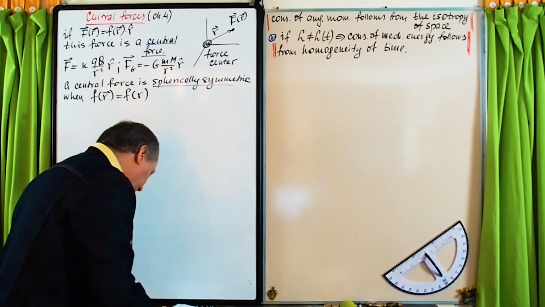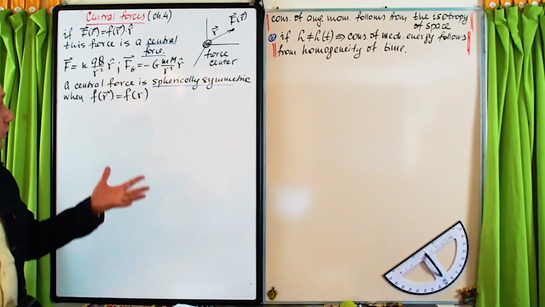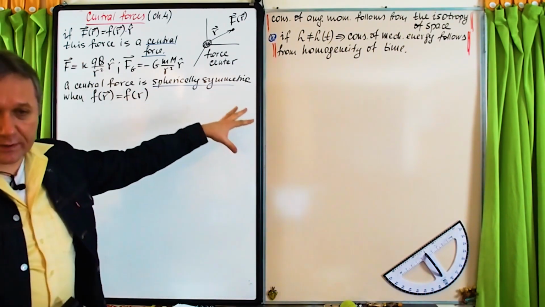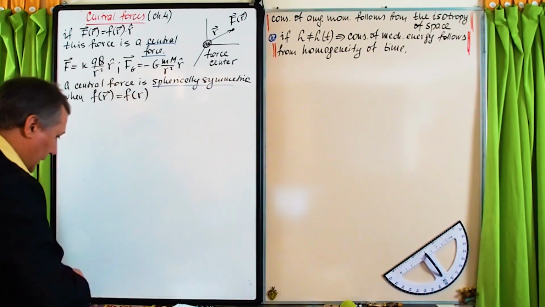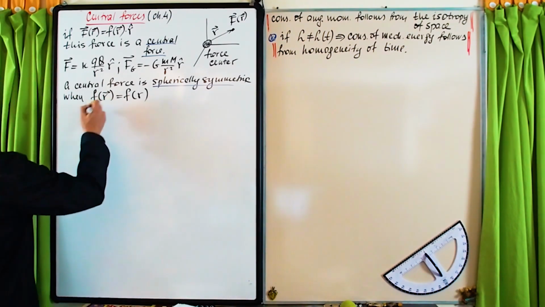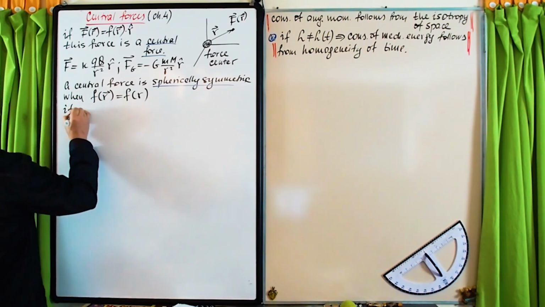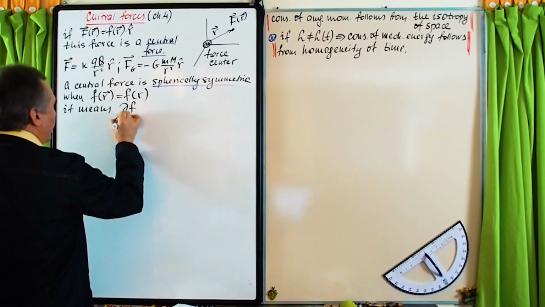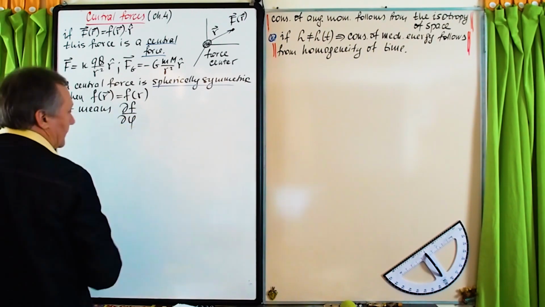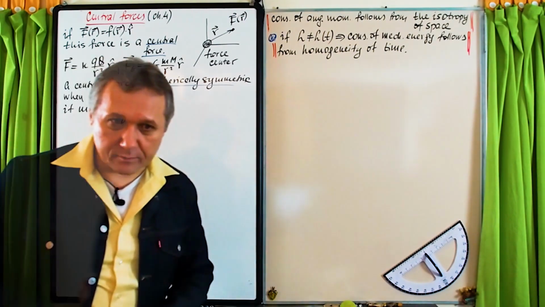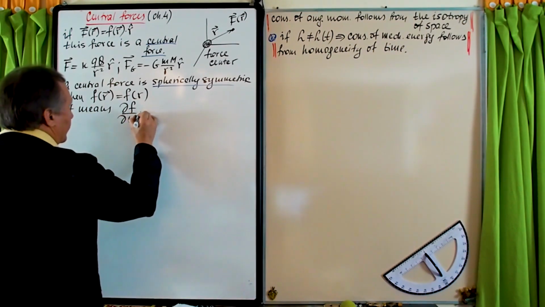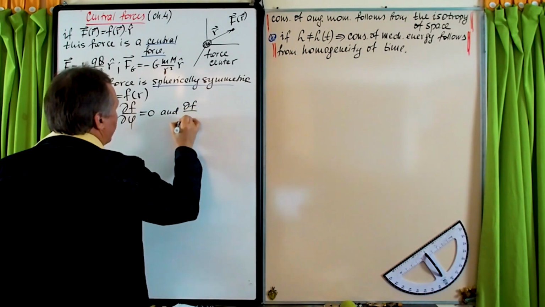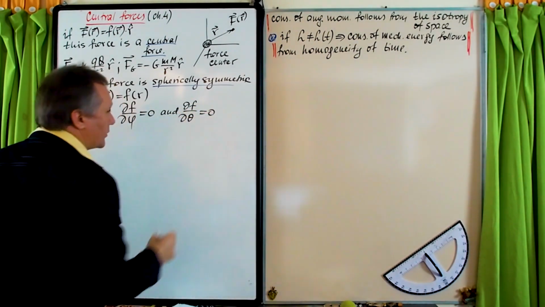So then what's next? Yeah, test. Which test do we have to run in order to convince ourselves that the force is spherically symmetric? Basically, it means if you take the partial derivative of the force with respect to phi, it must be 0. And of course, the partial derivative of the force with respect to theta must be equal to 0.